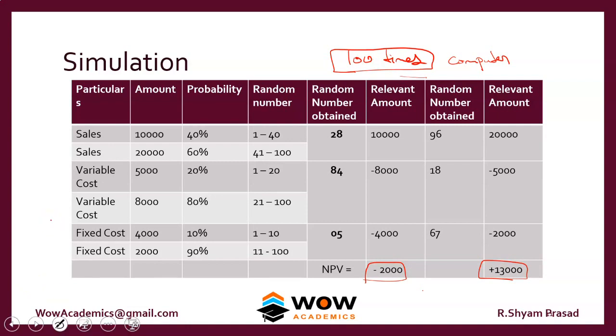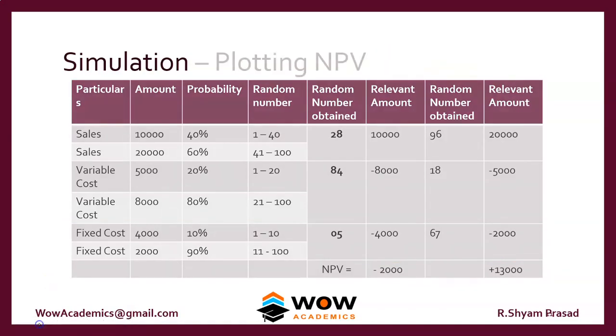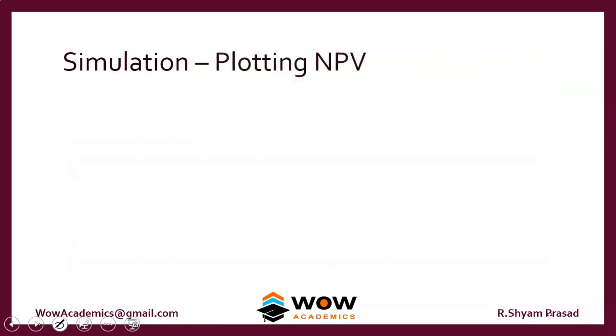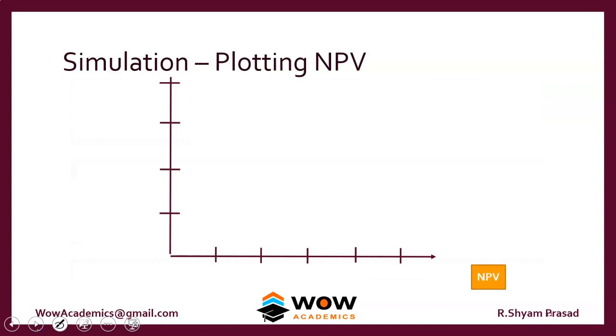So we are going to do the same thing 100 times and we'll get 100 NPVs, which might be a similar amount or a different amount, but we have all the 100 NPVs. Now we have to classify them in a histogram. So we'll create a graph.